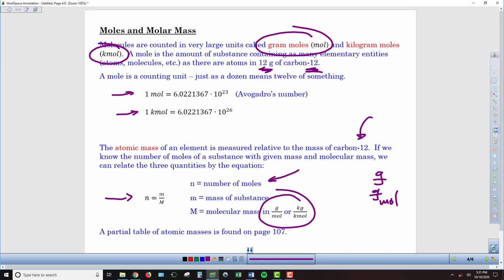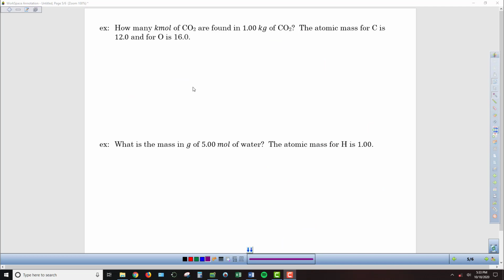And so in our textbook, we've got a partial table of atomic masses that's located on page 107, so we can use that as a reference guide whenever we need an atomic mass for any type of calculation. So in this first example, we're asked to find how many kilomoles of carbon dioxide are found in a kilogram of carbon dioxide.